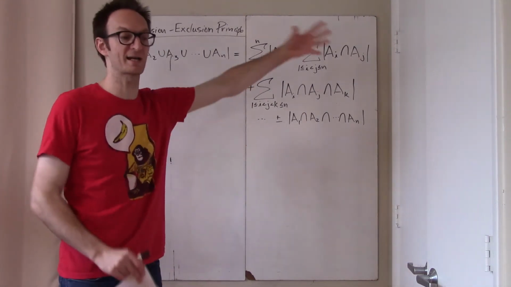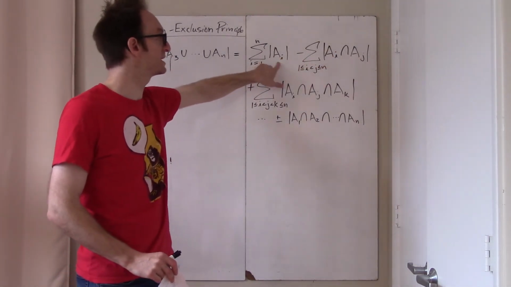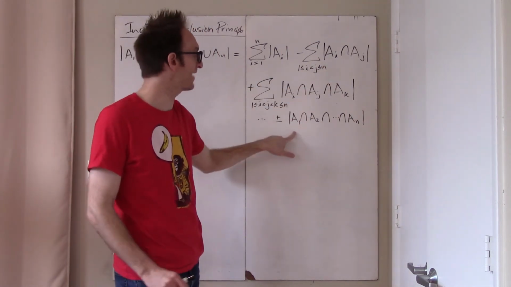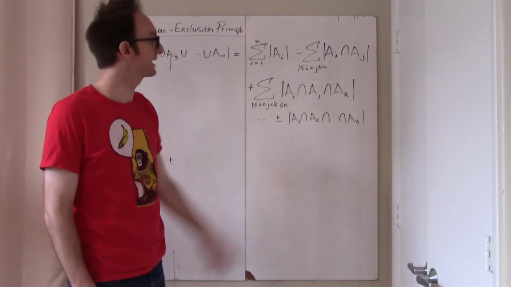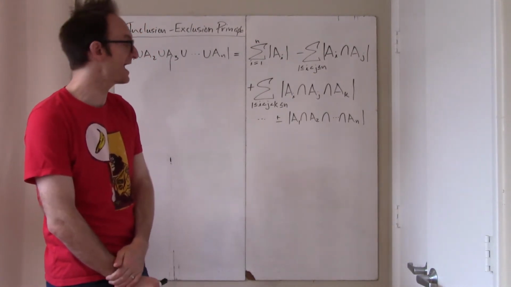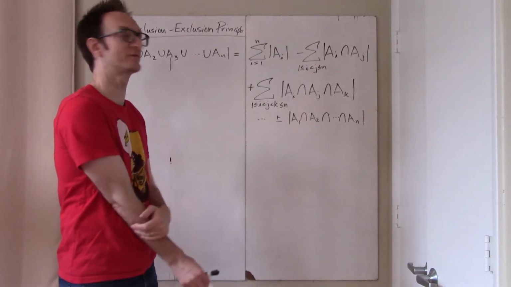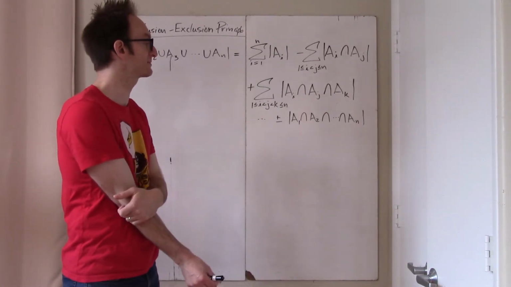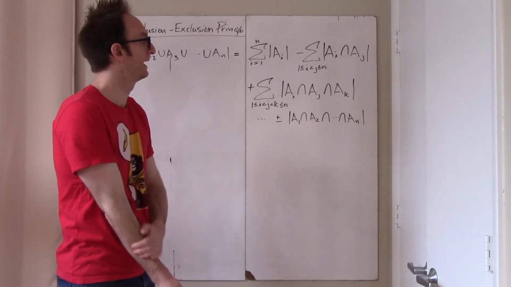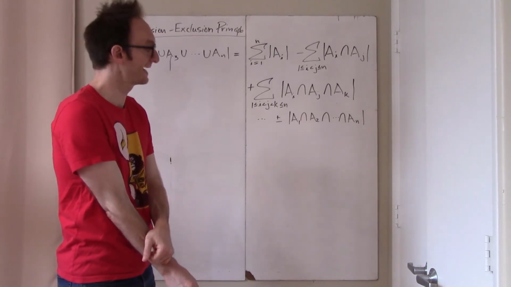You do this sort of initial count, then you correct, then you fix the overcorrection, and then you keep going until the final one, which will be positive or negative depending on whether n is even or odd. If n is odd, the last one will be negative. No, the last one will be positive. If n is even, the last one will be negative.